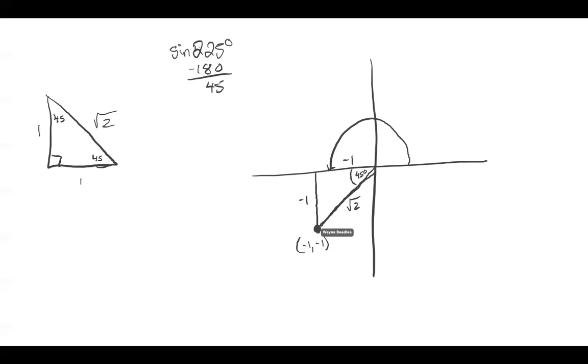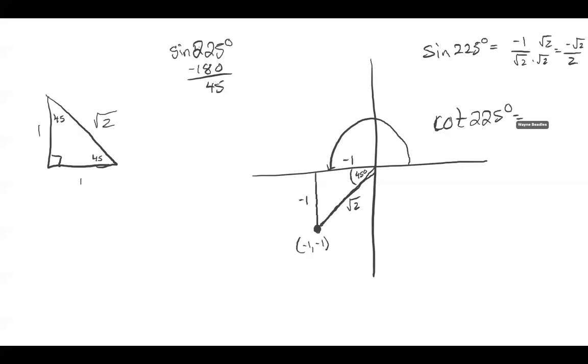So if we wanted to figure out the sine of 225, sine is opposite, which is -1, over hypotenuse, which is square root of 2, multiplied top and bottom by square root of 2, and you get negative square root of 2 over 2. And if we had, let's just say, cotangent of 225, because they randomly do them. Remember that tangent is opposite over adjacent. So cotangent is adjacent over opposite.